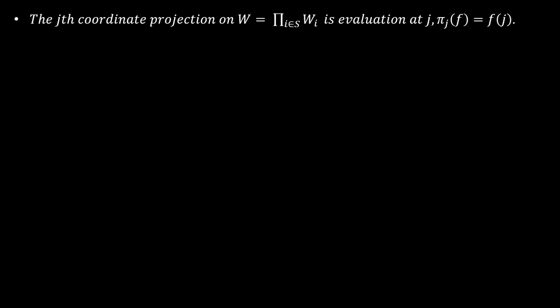So if you have these vector functions that are indexed and you apply this notation, then you're just reading off the vector function at the jth position.